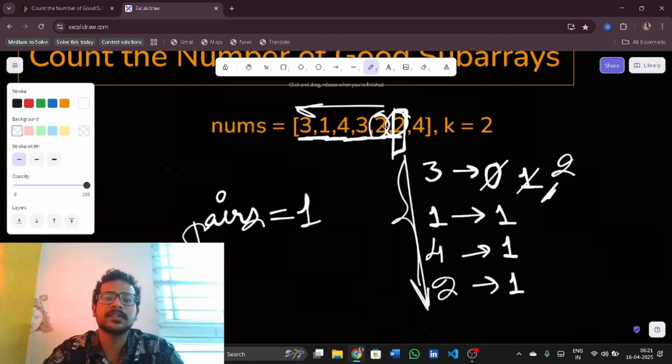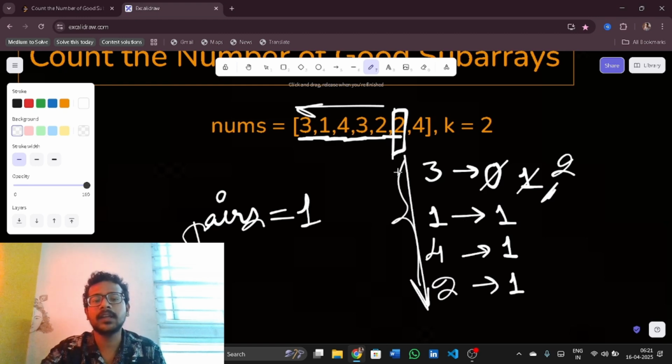Without being confused with the 3, I just got a pair with this 3 and this 3. Now I have a 2 before and I got a 2 here, so I have one 2 before. So the number of pairs is the count of 2.